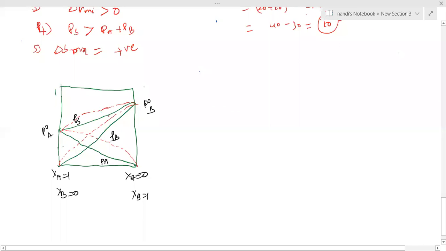So everything is more than expected. That's why P S is greater than P A plus P B. So always P solution is greater than P A plus P B. This is the positive deviation they show from Raoult's law.